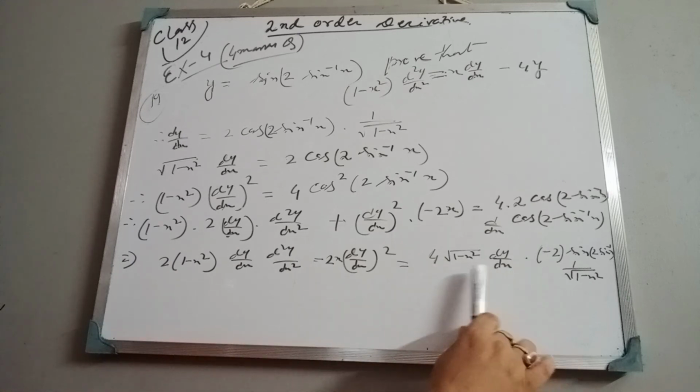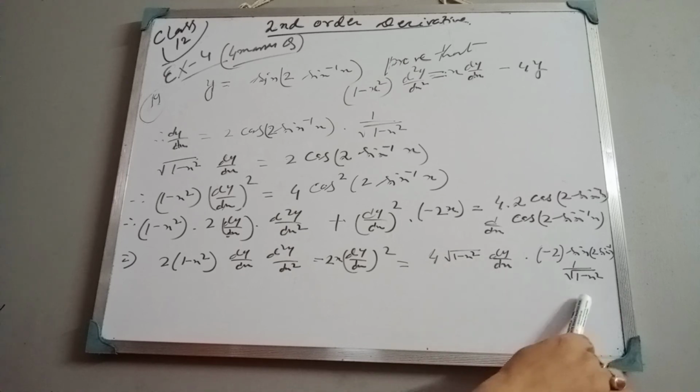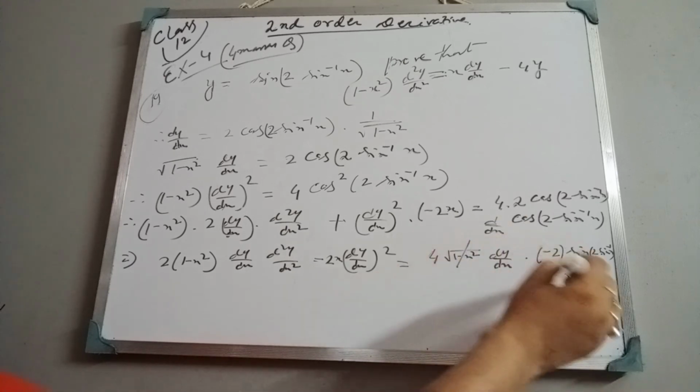So the square root of 1 minus x square and the denominator square root of 1 minus x square, now these two will be cancelled.